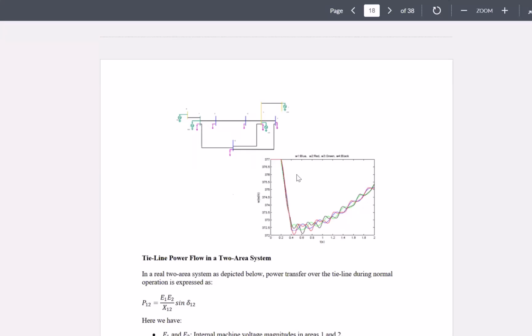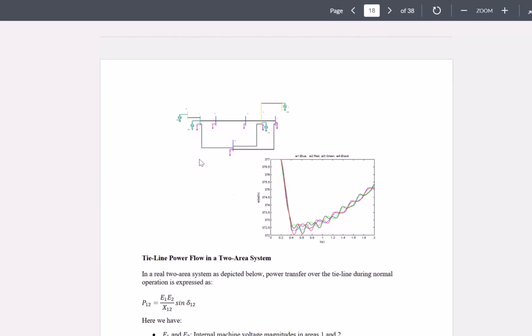What you need to note is that in multi-area systems, each of the areas of the systems can be simplified with a group that belongs to a few generators in that area. So we have two groups, and these two groups are oscillating with respect to the other group.